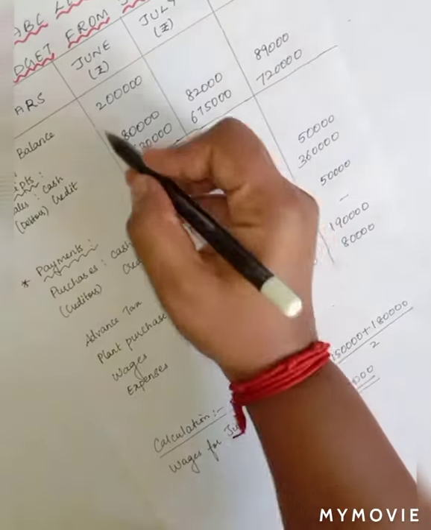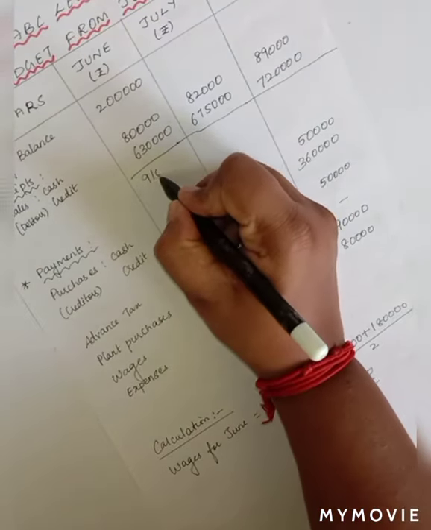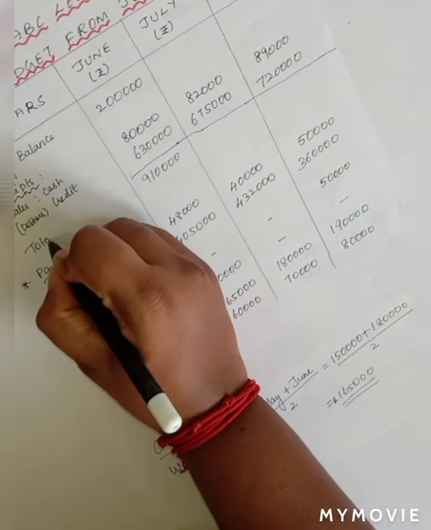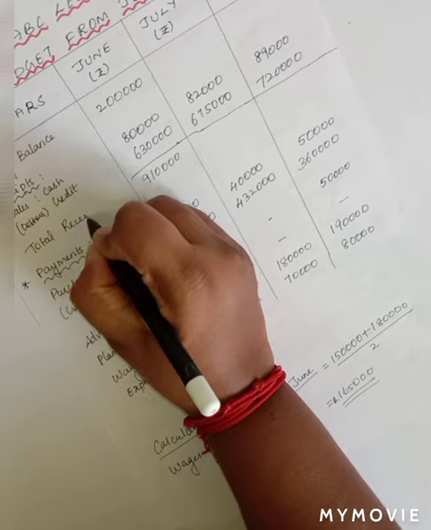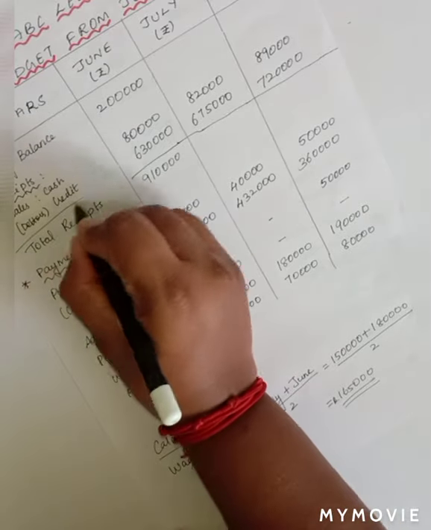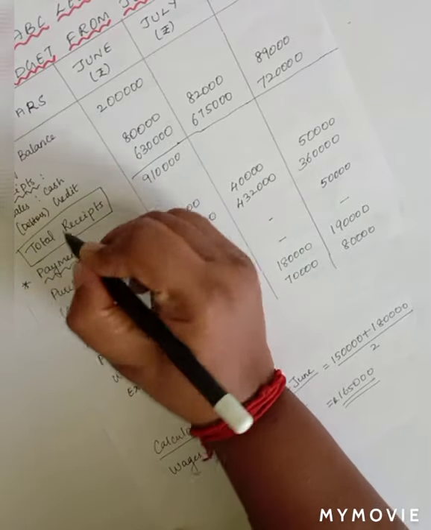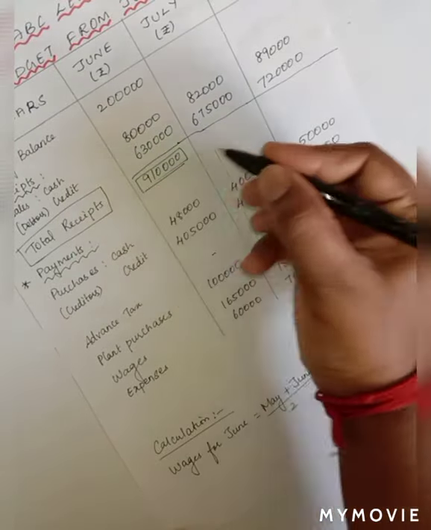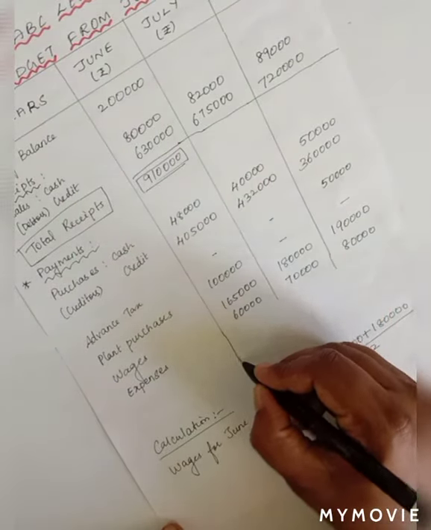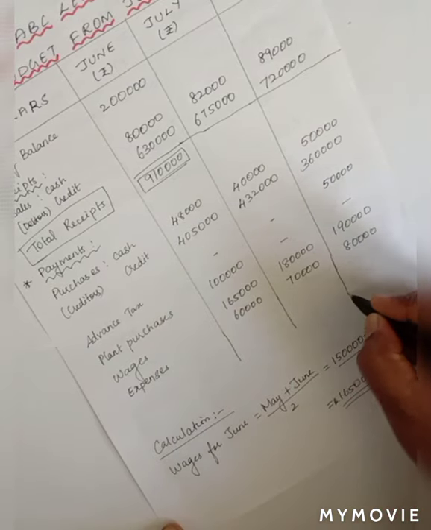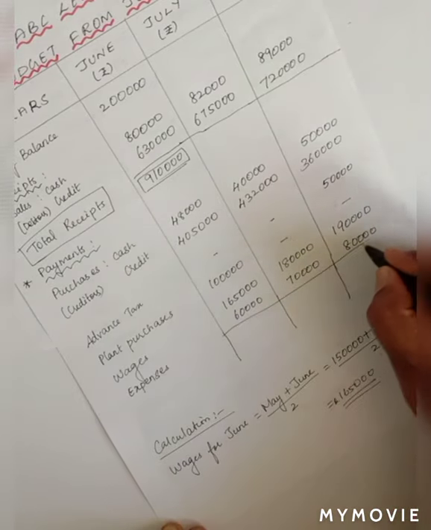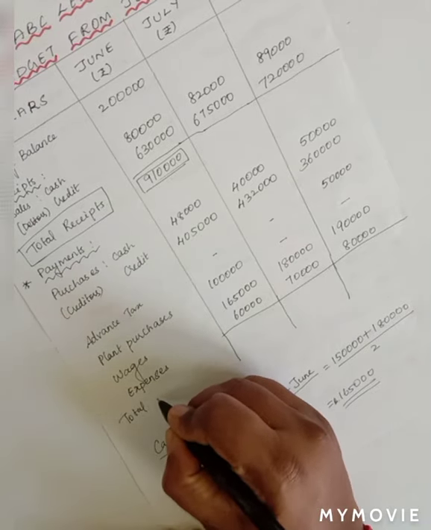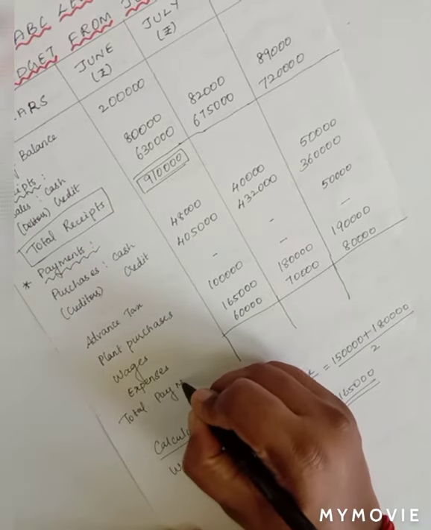If you add all these three figures, you will be getting 9,10,000. This you can call total receipts. And likewise, add all the payments together and we can call that total payments.